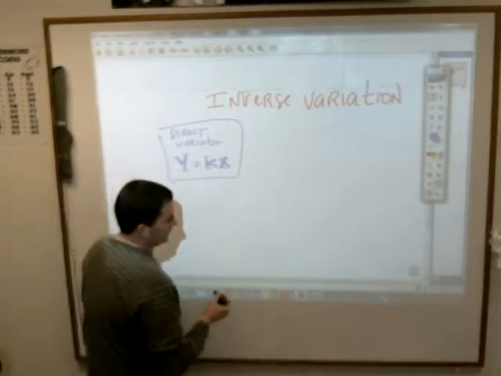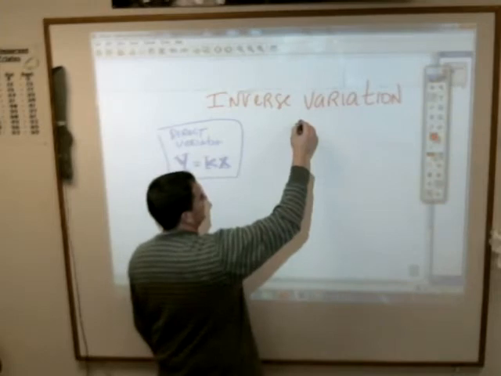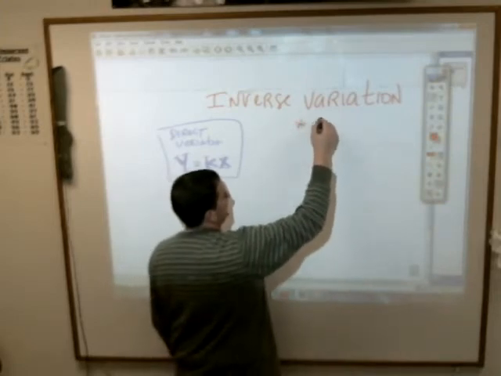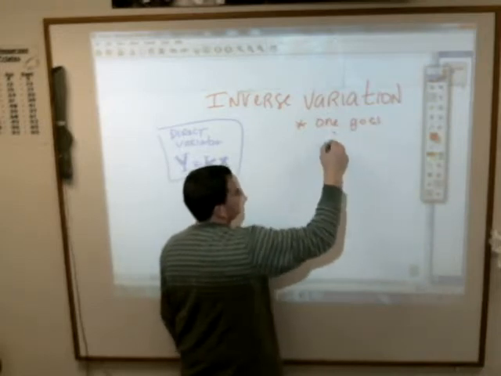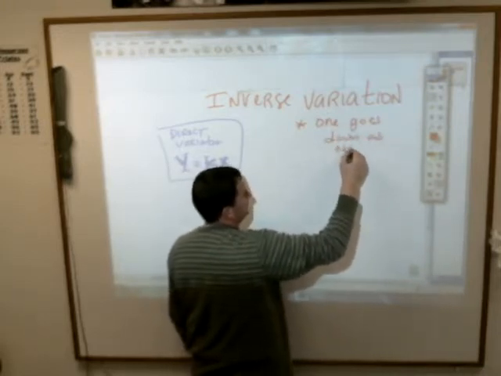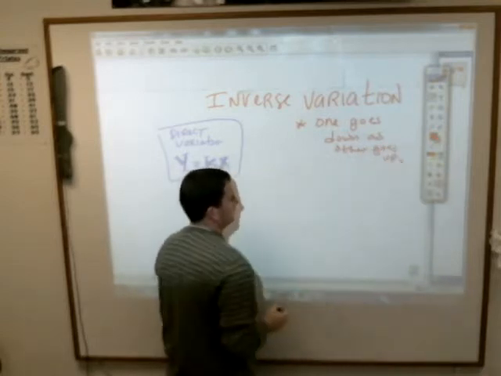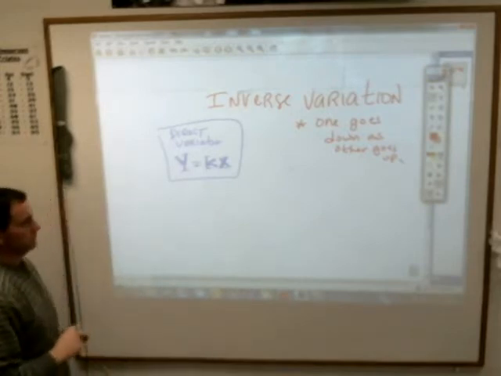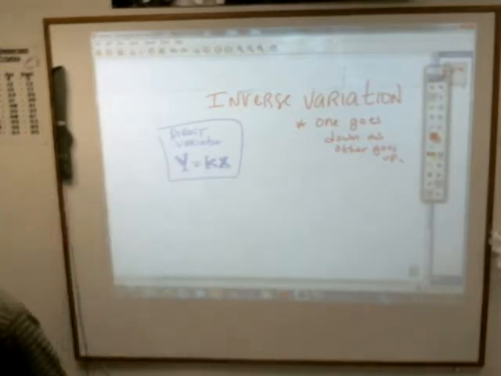Well, inverse variation, children, is the opposite. When it's inverse variation, one goes down as the other goes up in proportion. Okay, one goes up, the other one goes down. And the equation that you use for that is just a little bit different. It's got some of the same things there.